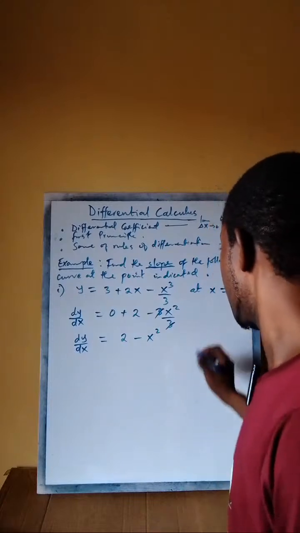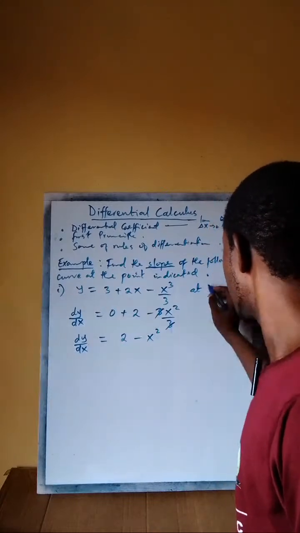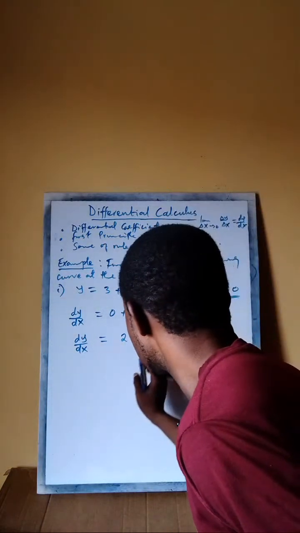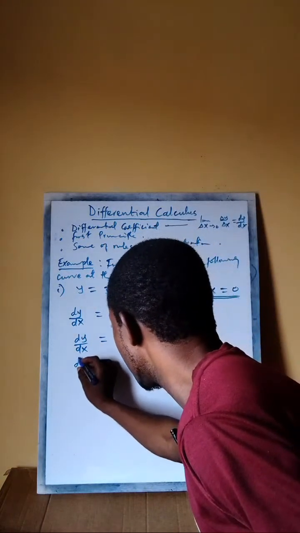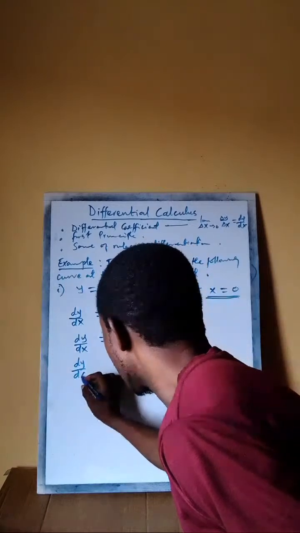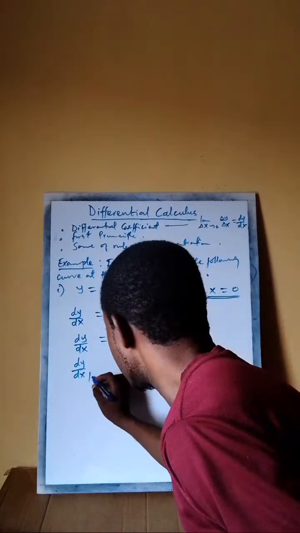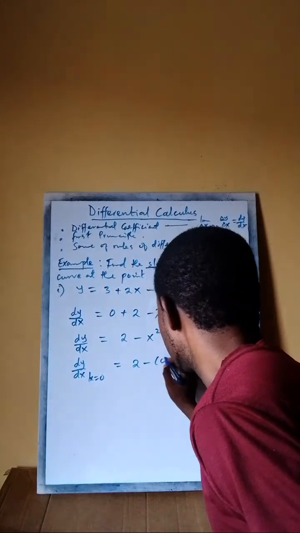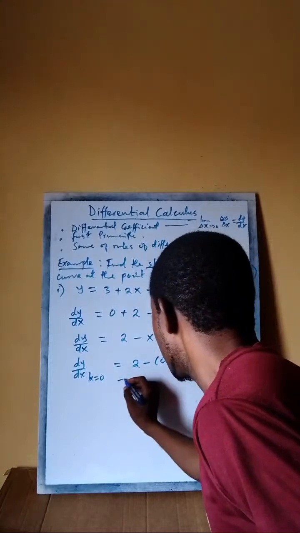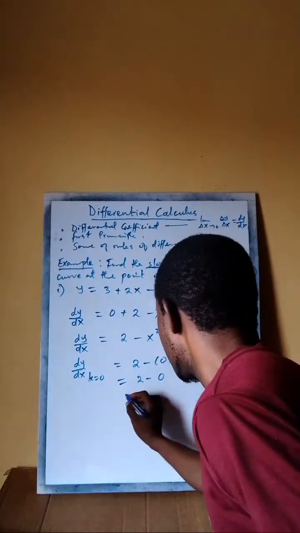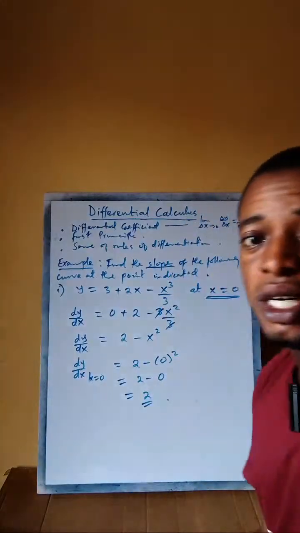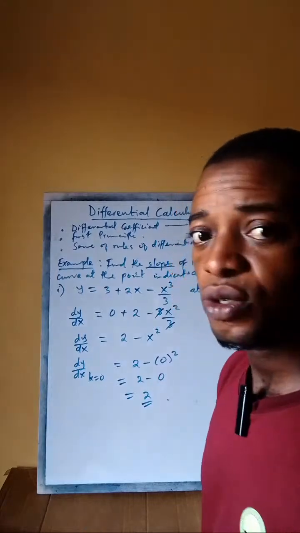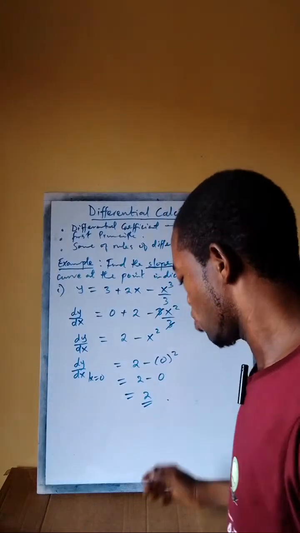Now at point x equals 0, we substitute 0 for anywhere you see x, so dy/dx at x equals 0 is 2 minus 0 squared, which is 2 minus 0, which equals 2. So the derivative or the slope of this particular curve at point x equals 0 is equal to 2.